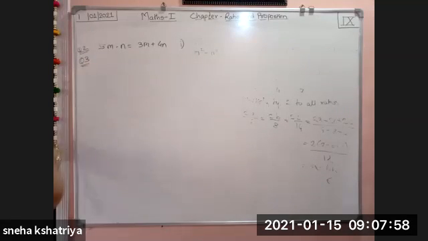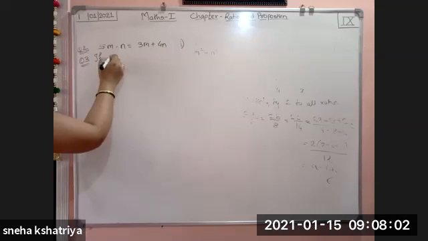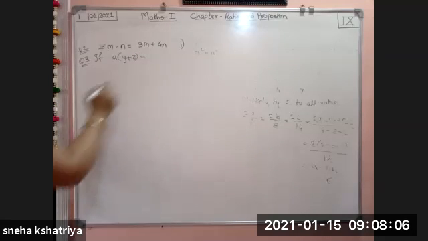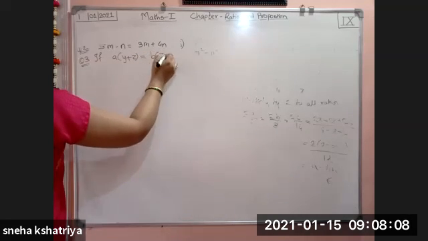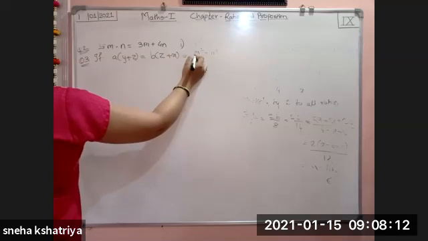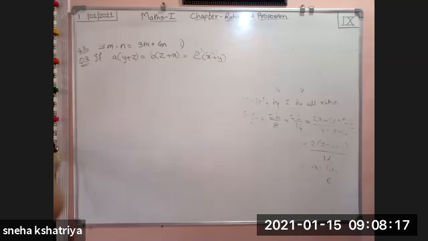Question number 3. What is given? a(y + z) = b(z + x) = c(x + y), and out of a, b, c, no two of them are equal.